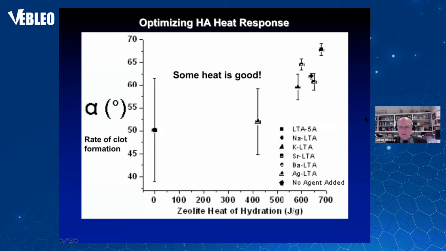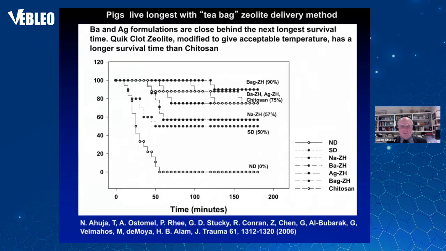And again, this is looking at many different compositions and substitutions and finding out what would work. The important thing here, particularly in the end, was not only how fast it forms a clot, but also the survival time. What's its lifetime as far as being a functional therapeutic agent?